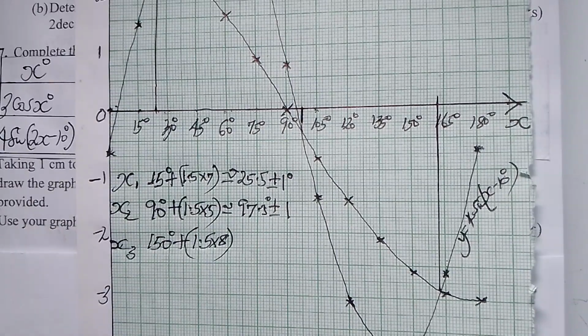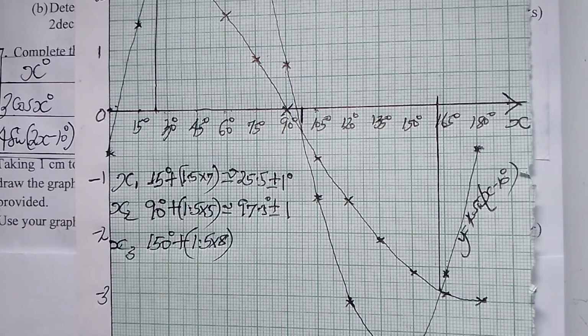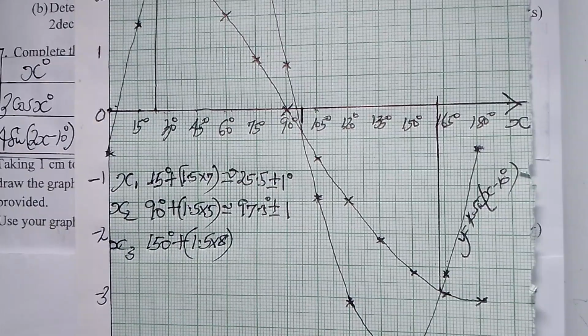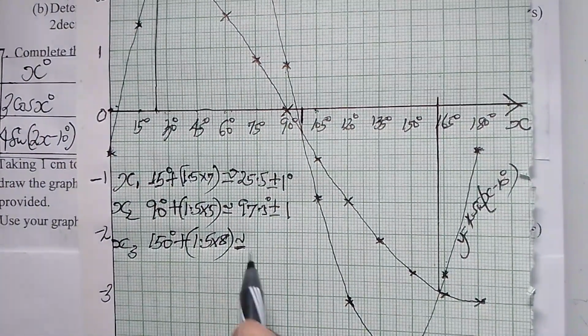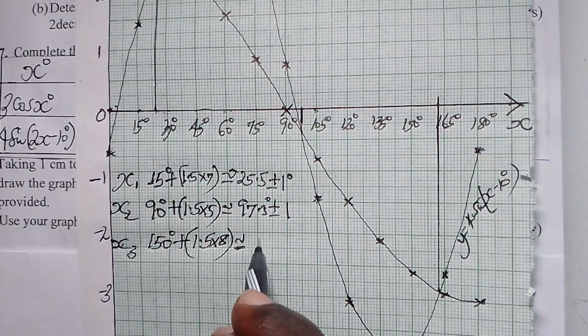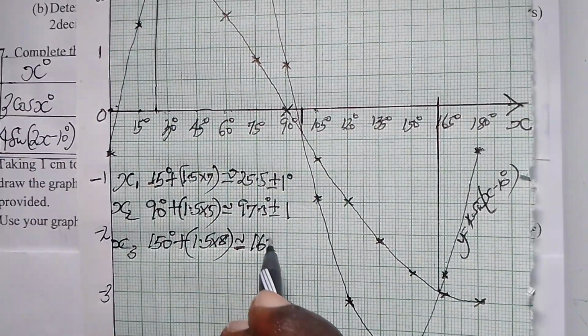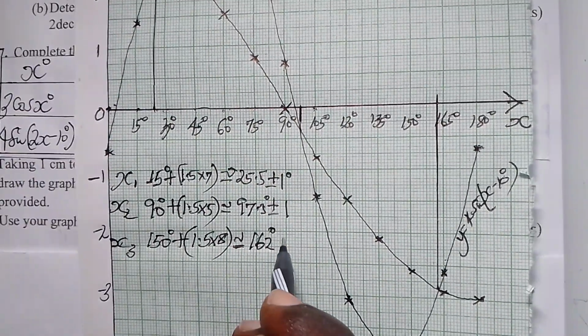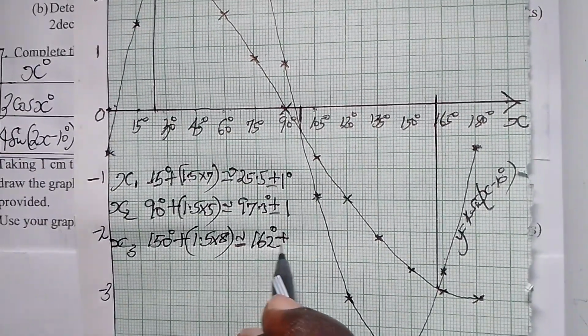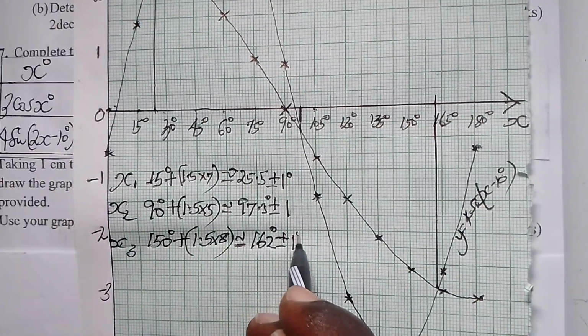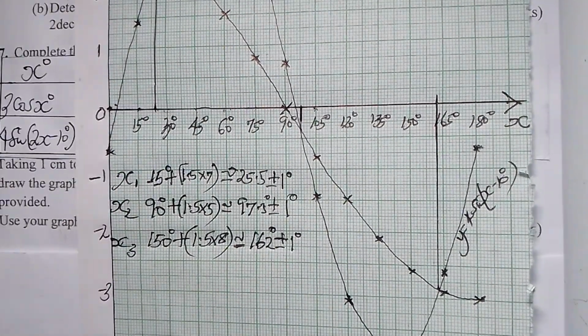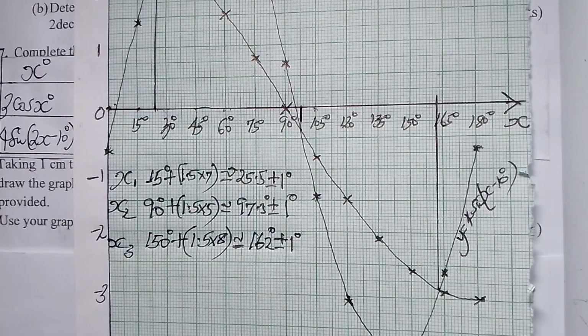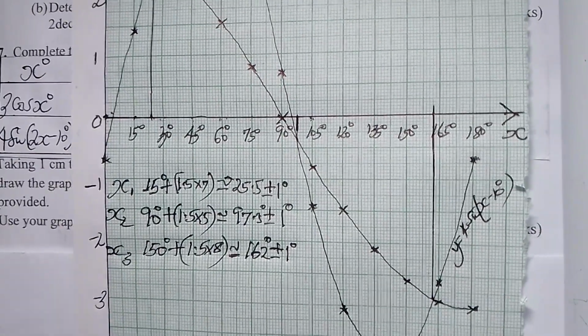So when you simplify this, you're going to get 150 degrees plus 12 approximately equal to 162 degrees plus or minus 1 degree. That will be the level of accuracy.